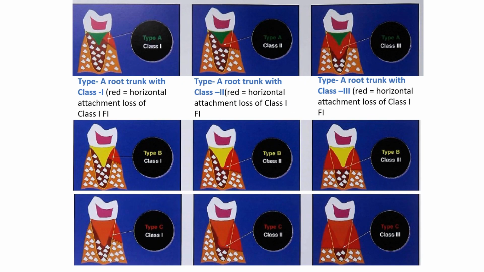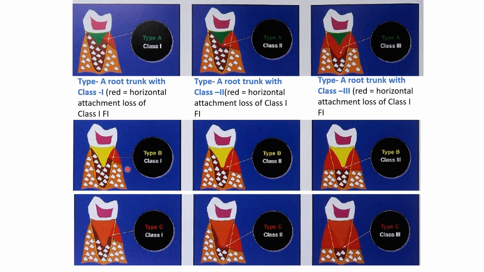Let's see here in the figure that here green color represents the type A, that is only up to 1/3 of the root trunk is involved vertically, and class 1 represents that horizontally less than 1/3 of the tooth width is involved. In type A class 2, vertical component remains same but horizontal component increases. Here in type A class 3, vertical component remains same but class 3, that is through and through furcation involvement is there.